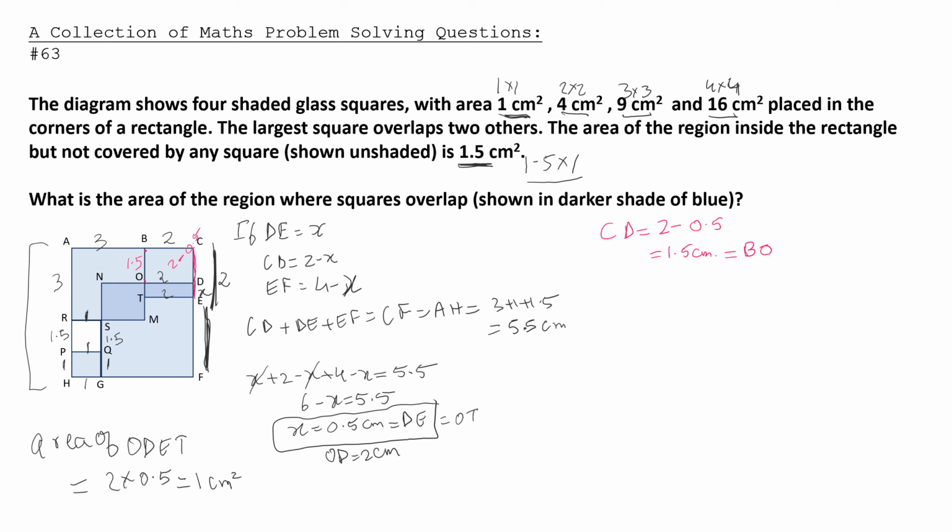And I know that, so we now know what OM is, because AR is 3 and NS equals OM.